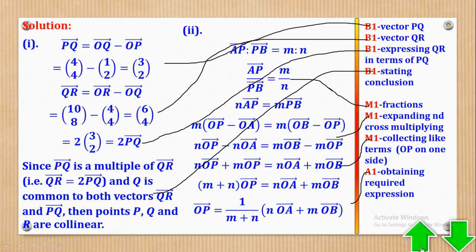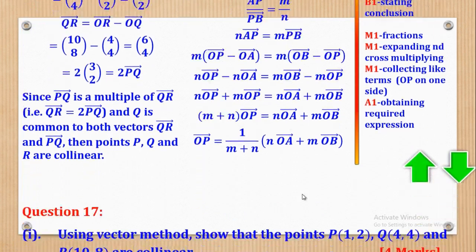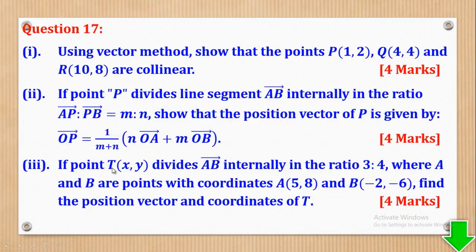So now we shall go to Roman 3. Roman 3 says, if point T is equal to (x, y) and divides AB internally in the ratio 3:4, where A and B are points with the given coordinates, find the position vector and coordinates of T. So in this case, T is now our point P in the above proof.